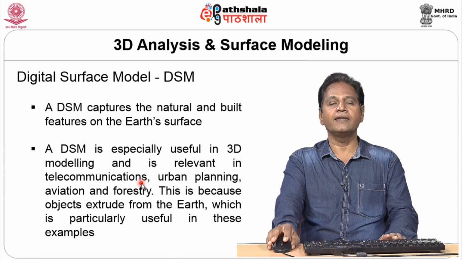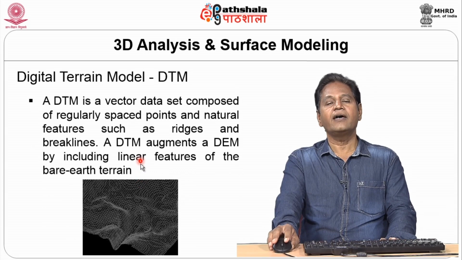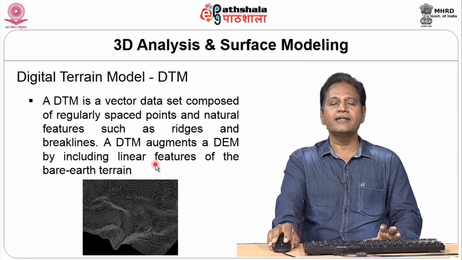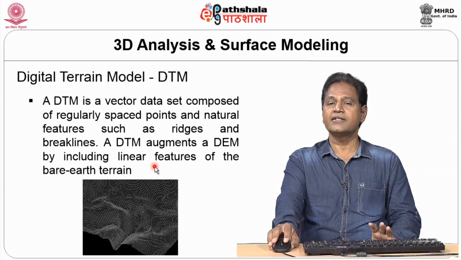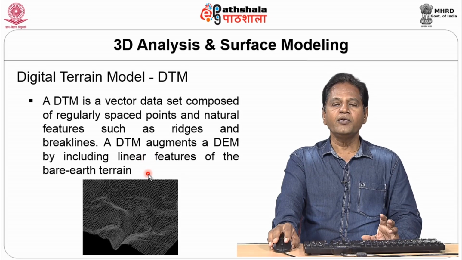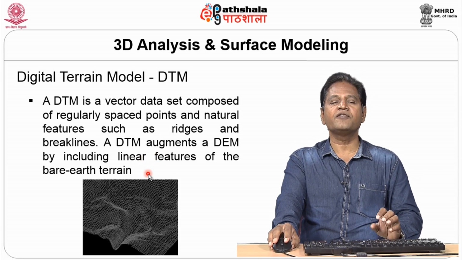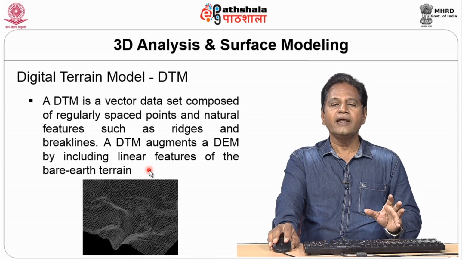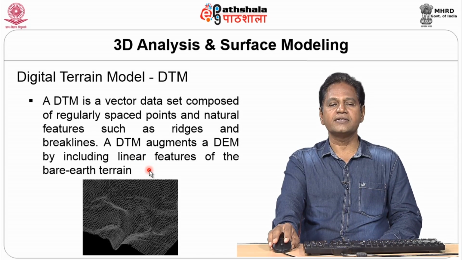So, you model that. We have another context called the digital terrain model. This particular DTM, while DSM is for your natural and built-in objects, is used when you are trying to use natural features like ridges and break lines, which are regularly spaced points.